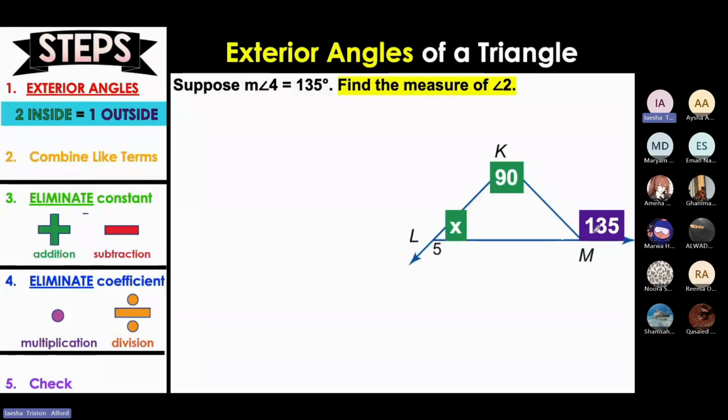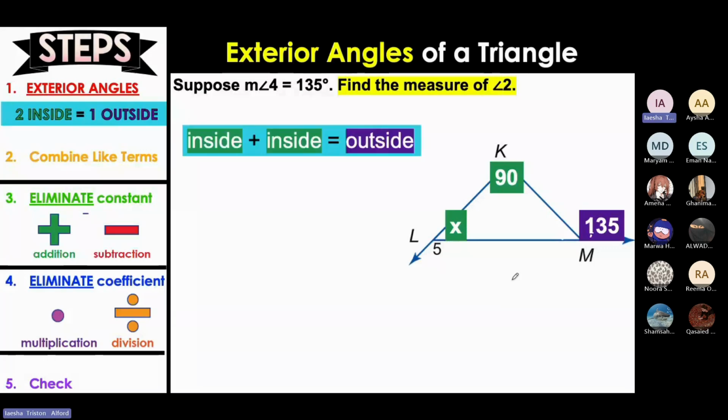It is too close to the outside. This angle 1 and this angle 4 is a linear pair. To make exterior angle, you have to take the 2 angles that are far away from the outside. You can never ever take the one that is close. It must be far away.